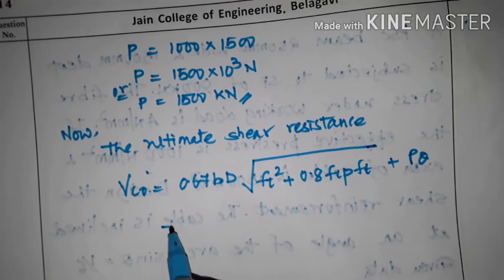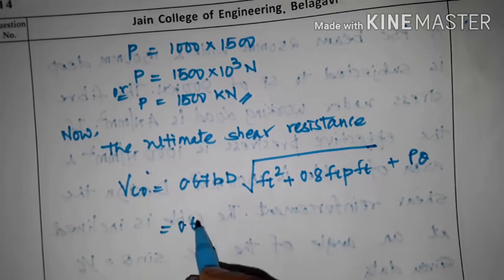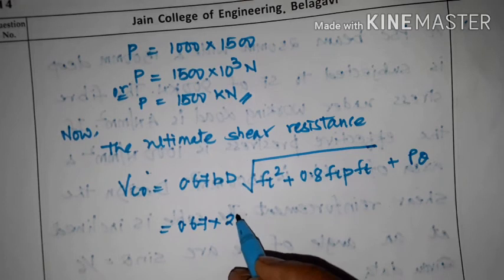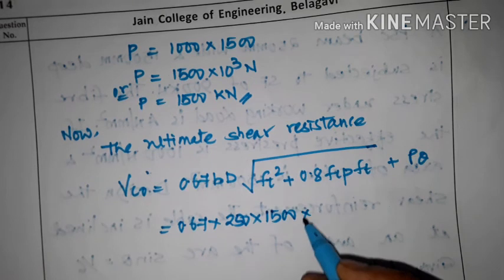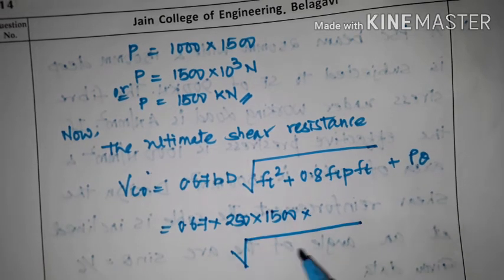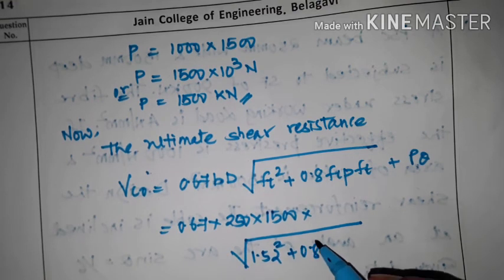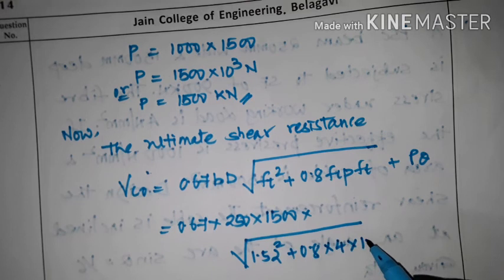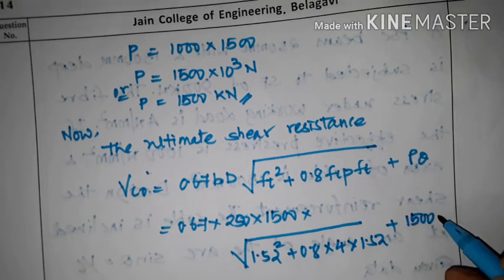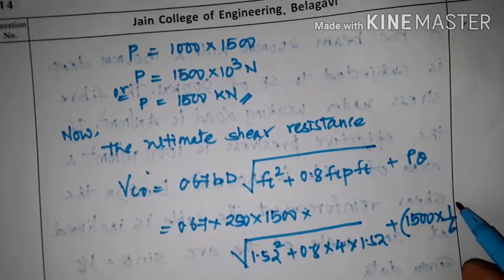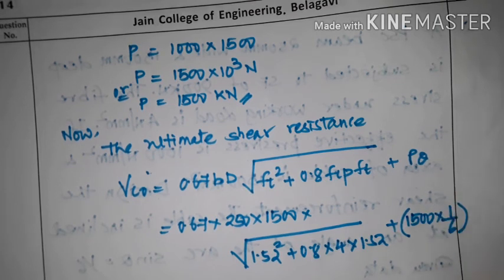So 0.67, B is 250, D is 1500, into square root of FT is 1.52 square plus 0.8, FCP is 4 and FT is 1.52, plus P theta. P is 1500 and theta is 1/6, so P theta is 1500 into 1/6.